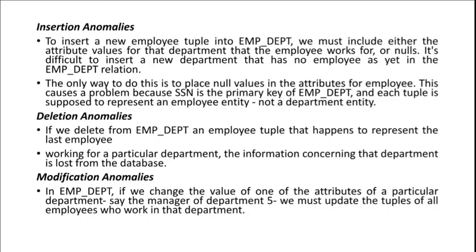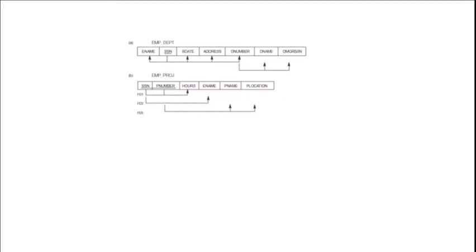In the same way, if you want to insert a new department that doesn't contain employees, definitely again it is difficult. I have to insert department details here, but the department doesn't contain any employee.